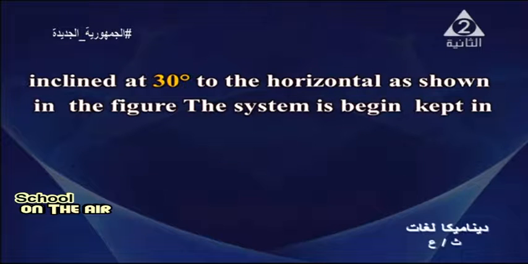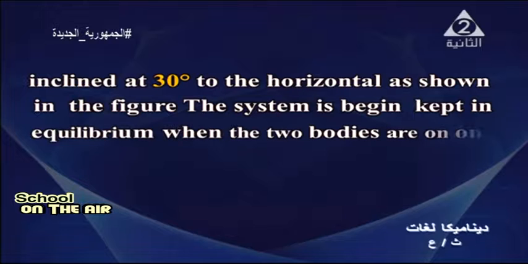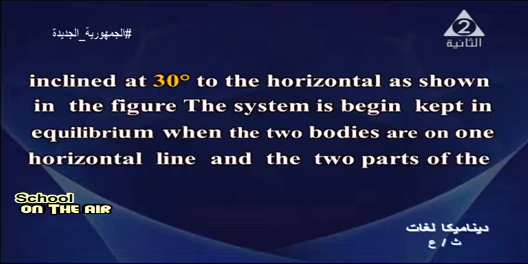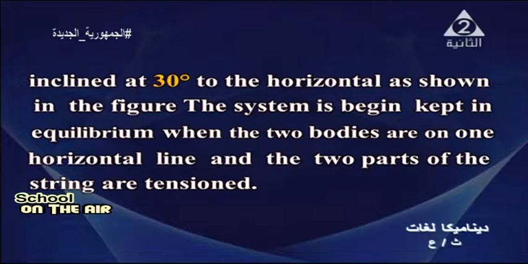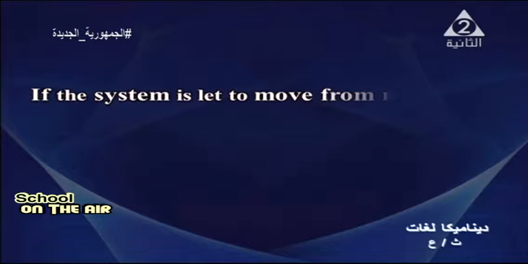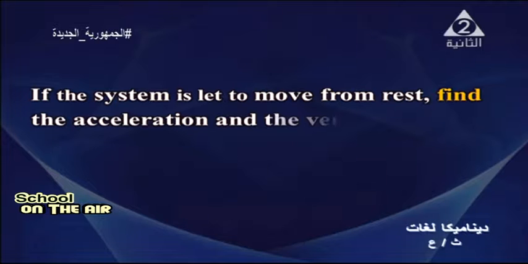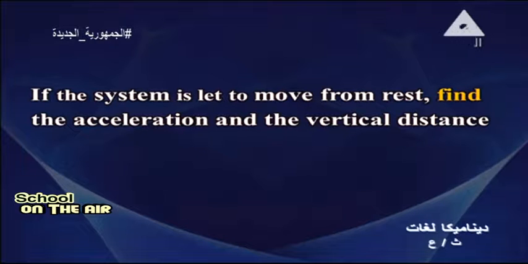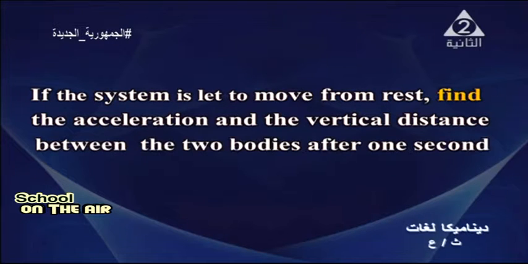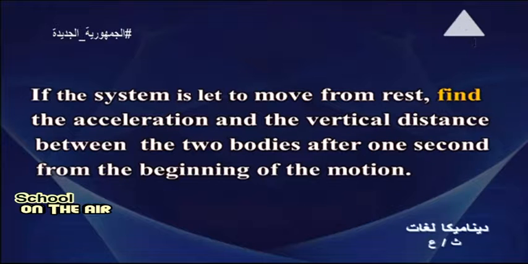The system is kept in equilibrium when the two bodies are on one horizontal line and the two parts of the string are tensioned. If the system is let to move from rest, find the acceleration and the vertical distance between the two bodies after 1 second from the beginning of the motion.